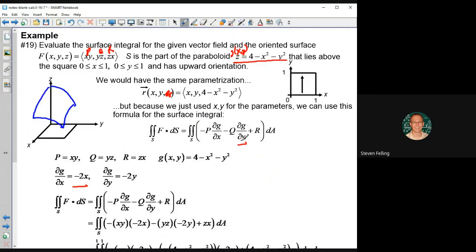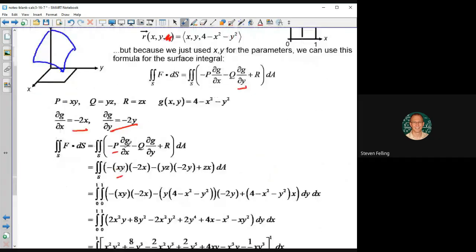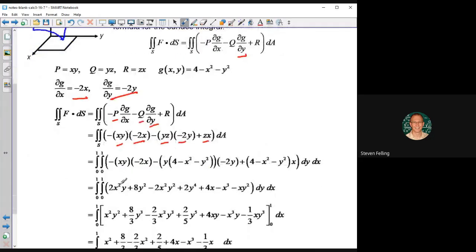The partial of g with respect to y would be this. And so if I just plug all that stuff into that simplified formula, the p is xy, the dg dx is negative 2x, the q is yz, and the r is zx. And you end up, lo and behold, getting the exact same thing that we got when we calculated by hand the r and the g.